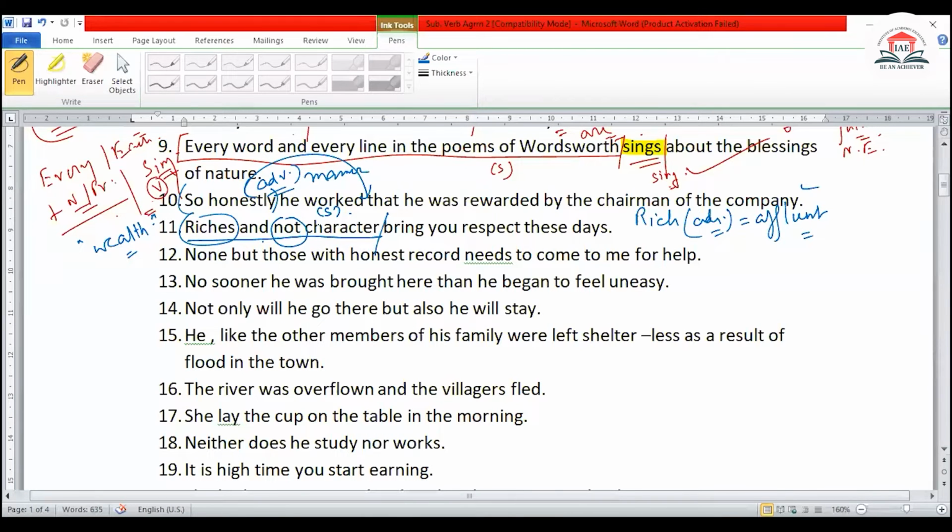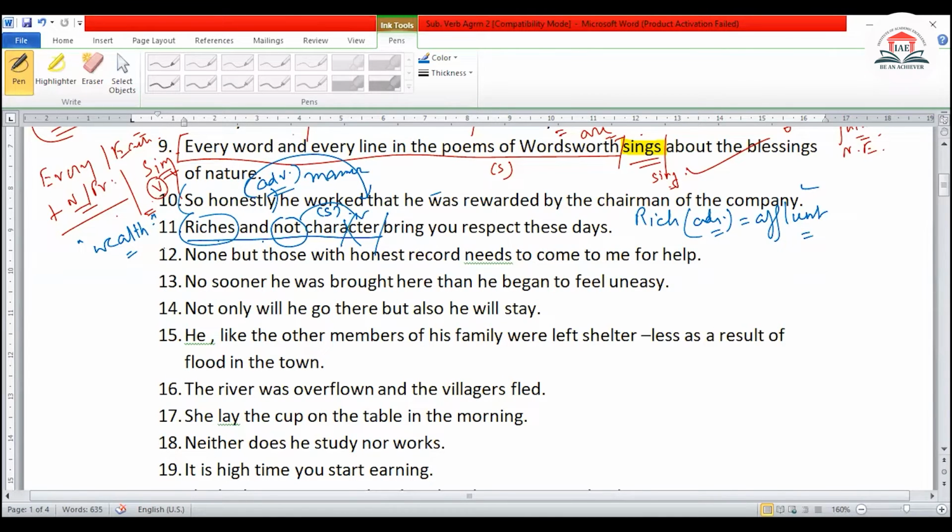Which one of my subjects is getting nullified, getting void by the word not? Here not negates something. Character. Not কি করছে? এই ক্যারেক্টারটাকে নেগেট করে দিচ্ছে, তার মানে বাদ দিয়ে দিচ্ছে, ডিসকার্ডস দ্য ক্যারেক্টার। বলছে রিচেস চরিত্র নয়, এটাকে তো বাদই দিয়ে দিচ্ছে. So my point of consideration is only riches.